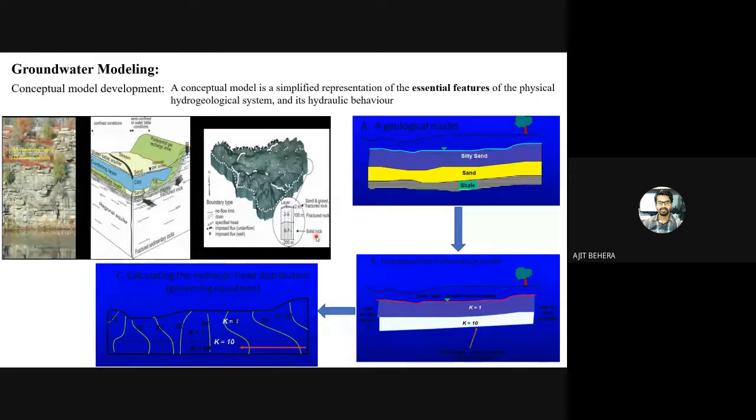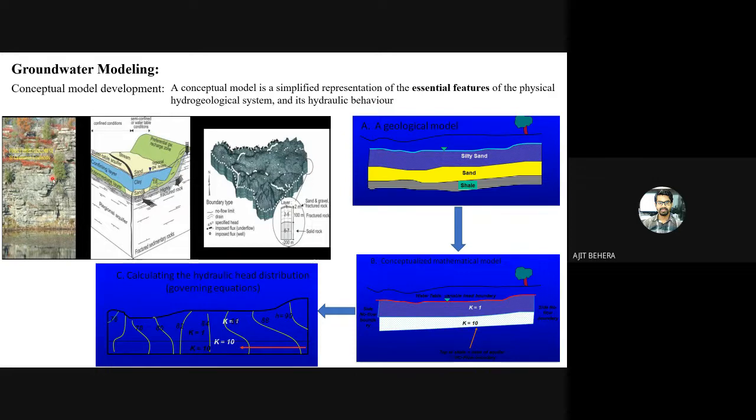So the first process, after collecting all these parameters, is to develop a conceptual model. Here you can see this is the field study. In the field we have different geological units or litho units.